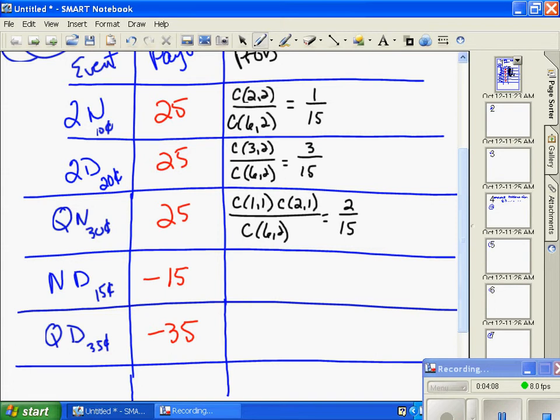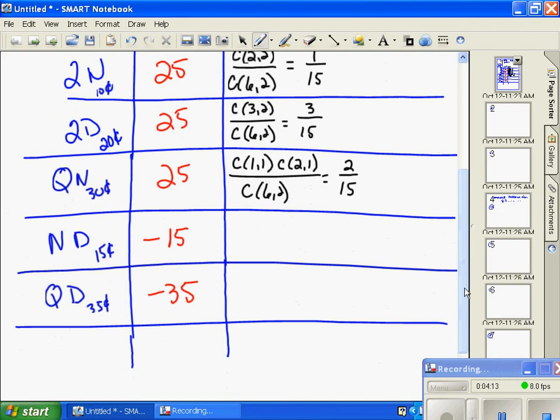Now keep in mind if I'm going too fast, you can just ask the sub to hit pause for everybody to get caught up. Next one I need a nickel and a dime, so I have 2 nickels to choose from, pick 1, and 3 dimes to choose from, pick 1, all over 6 choose 2. 3 choose 1 is 3, 2 choose 1 is 2, so that's 6 over 15.